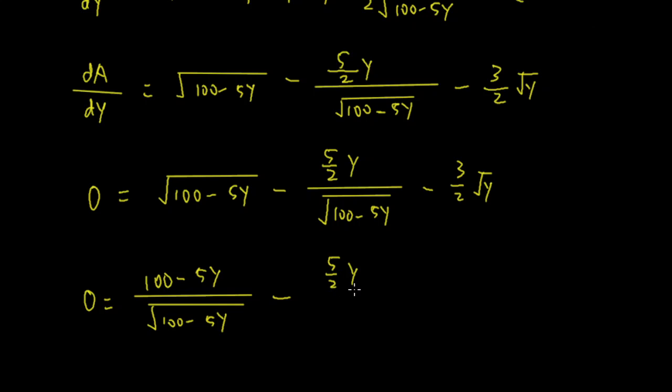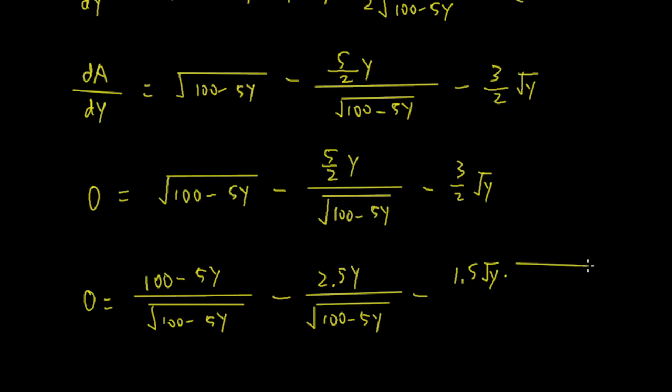Let's work with decimals, so that I guess will be easier later on, instead of fractions. 5 over 2 is just 2.5. So 2.5y over square root of 100 minus 5y, right? Minus, okay, if you multiply this one by square root of 100 minus 5y over square root of 100 minus 5y, you get 3 over 2, which is just 1.5, square root of y times square root of 100 minus 5y over square root of 100 minus 5y.